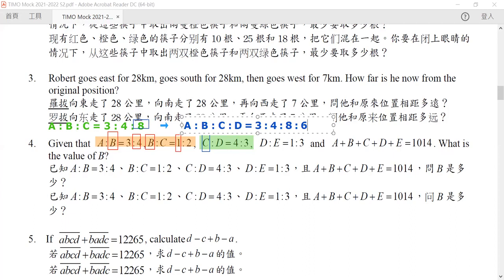So finally, for our last part, which is our D to E, we can convert this D to D in here.